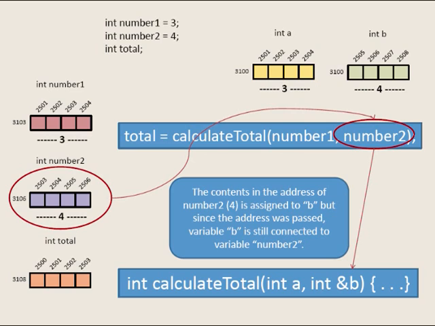The contents in the address of number 2 is assigned to B, but since the address was passed, variable B is still connected to variable number 2.